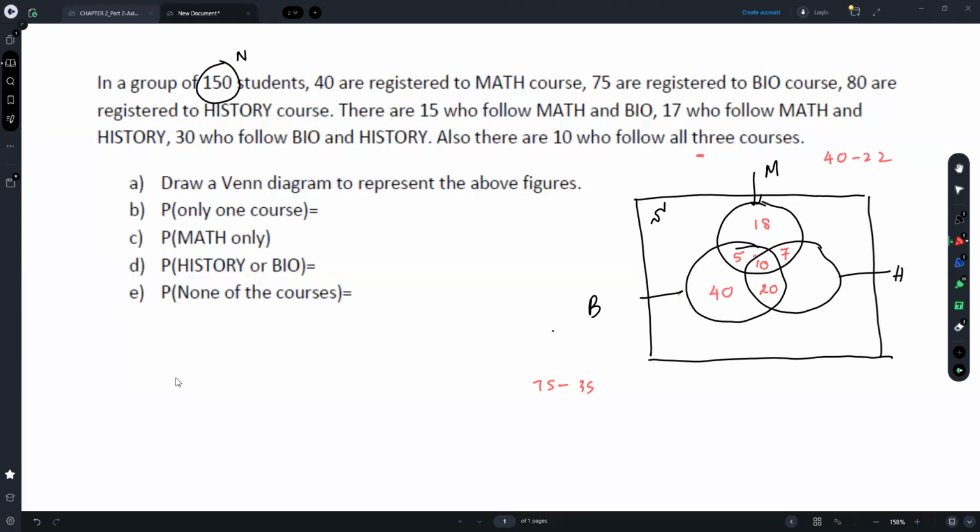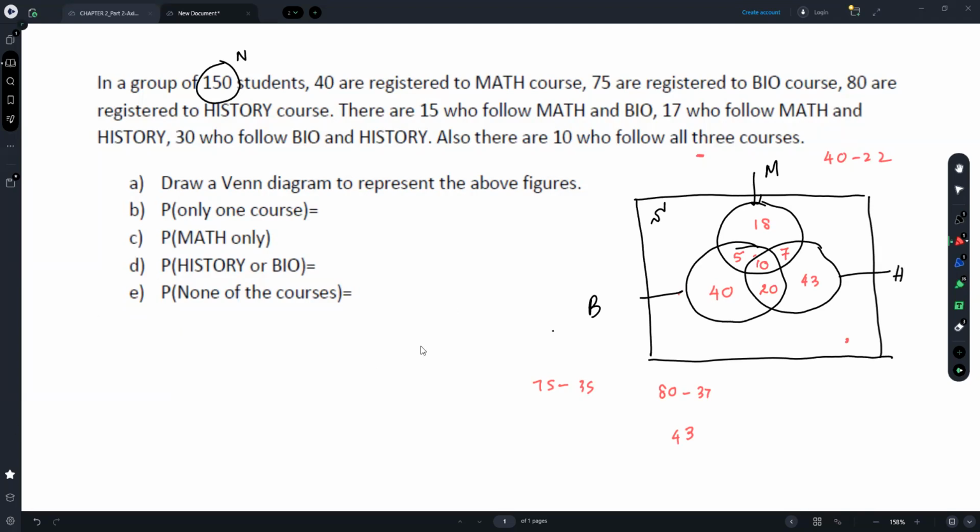And then history. 80 are for history. Out of that 80, 37 already gone. So the remaining will be 43. Now add all these circles and see whether you can get 150. If not, the rest should go outside. So quickly do this calculation.